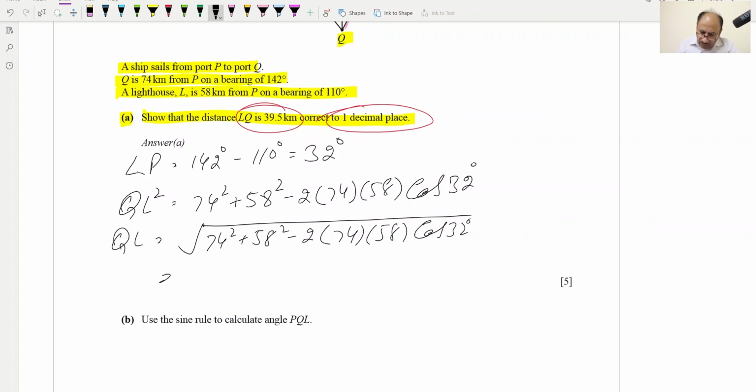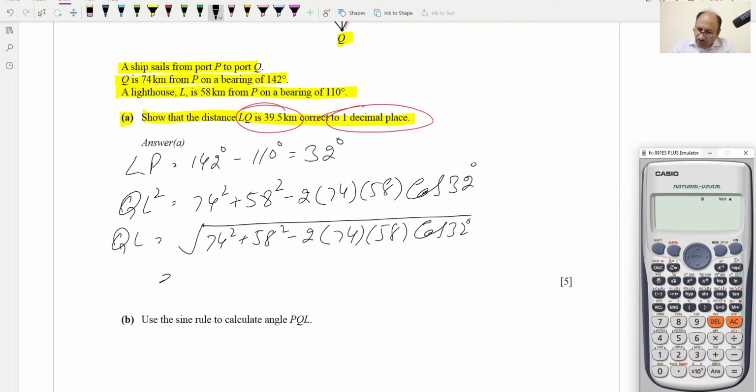QL will be equal to the square root of this whole thing, and this will be our answer. This is a 5-mark question, very easy, and you just have to apply cosine rule after finding the angle.